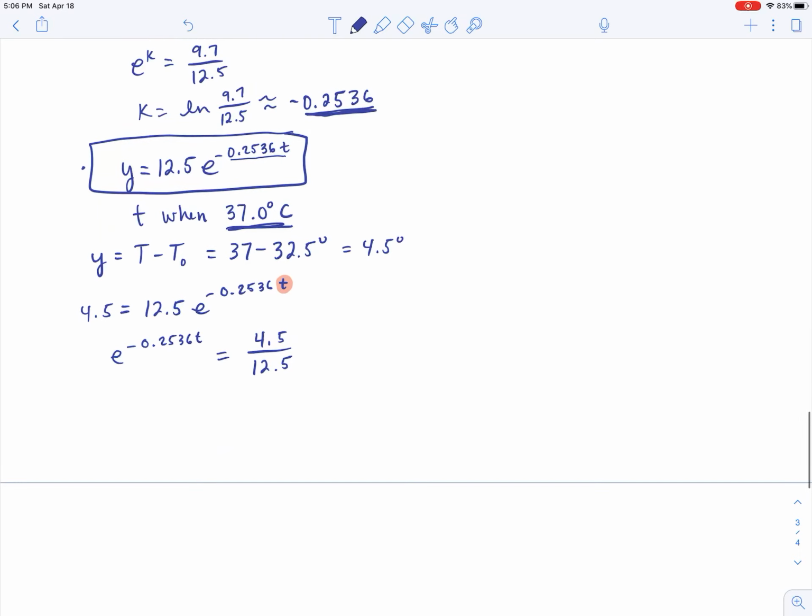I'm going to save the calculator work for the last step. So t equals, I'm going to take the log of both sides and then divide by the negative 0.2536. So I'm going to take natural log of 4.5 over 12.5 and then divide by negative 0.2536. And this should give us our answer.